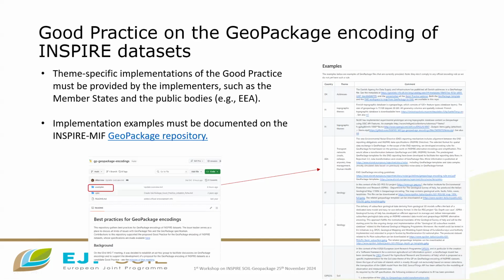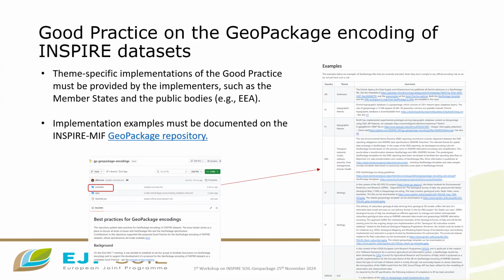So the good practice on the GeoPackage encoding provides specifications, so what you have to do to produce INSPIRE compliant data using the GeoPackage encoding, but it is data theme agnostic.